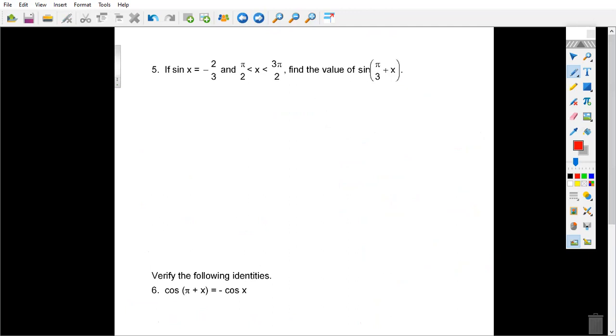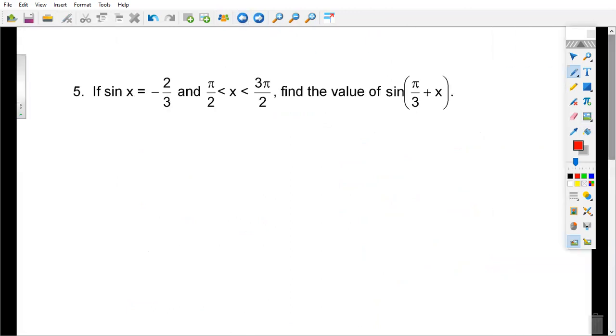So 5, it wants us to find sine of pi over 3 plus x. We're following the same steps that we just did, but we only have to do it once.